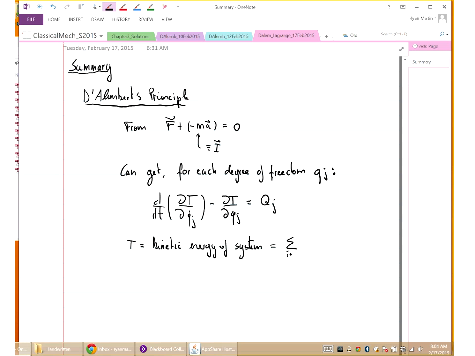And so for a set of capital N particles, T is the total kinetic energy. It's the sum from i equals 1 to capital N of the kinetic energies of all of the particles.